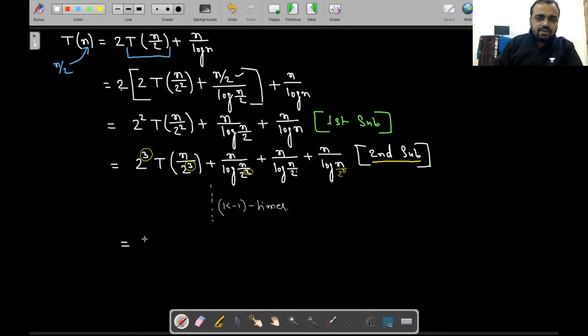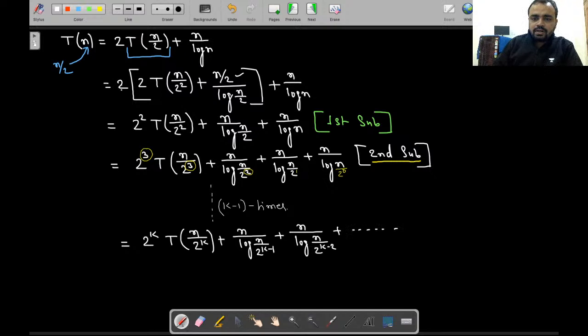So you can write it over here that 2 to the power k t of n by 2 to the power k, plus n by log of n by 2 to the power k minus 1, and plus n by log of n by 2 to the power k minus 2, and plus up to dot dot dot.